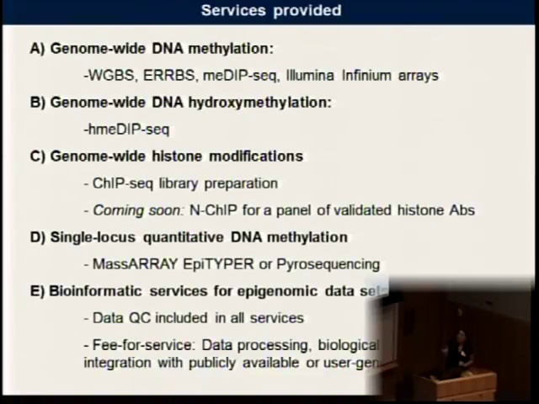What we hope, very soon, not yet, but towards the end of the year, if not early next year, is to be able to offer something called N-ChIP, native ChIP. Anyone who's been doing chromatin IPs has probably been cross-linking the proteins to the DNA, sonicating, and then doing your enrichment test, correct?